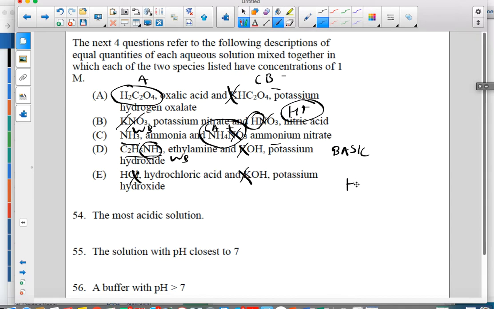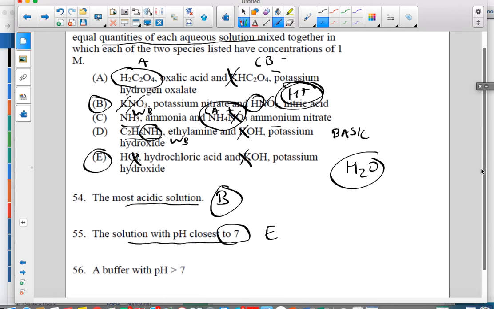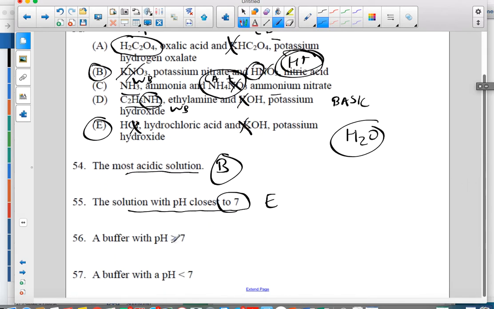That's going to give me, when I basically neutralize it, because it says equal amounts of each. So they ask you, which is the most acidic? Well, B is going to be the most acidic because all it has is H plus in there. Solution with the closest pH to 7, that's going to be E, because I have a strong acid and a strong base.